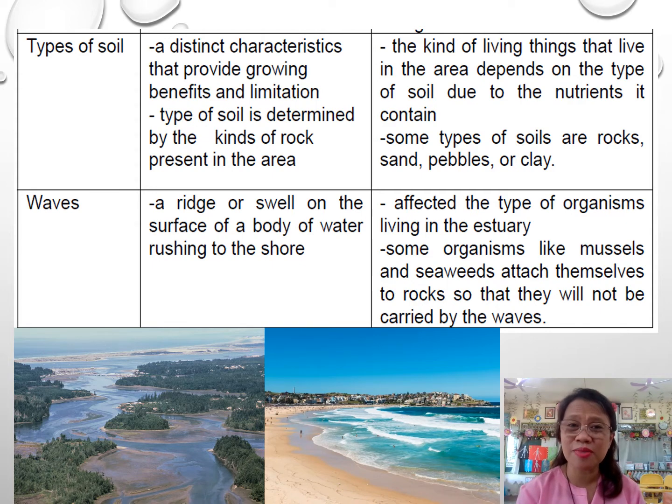Some organisms like mussels and seaweeds attach themselves to rocks. No, mupilit na sila sa rocks so that they will not be carried by the waves. So, kung matanggal sila sa rocks or sa mga anything sa daplin sa dagat, there's a tendency nga mamatay sila kay madala sila sa waves.